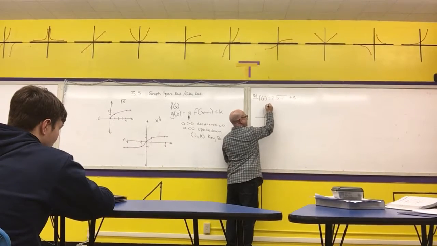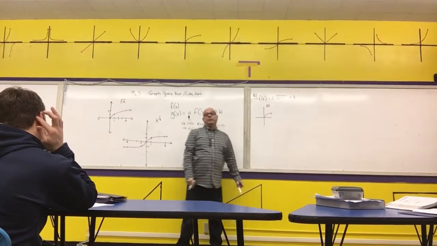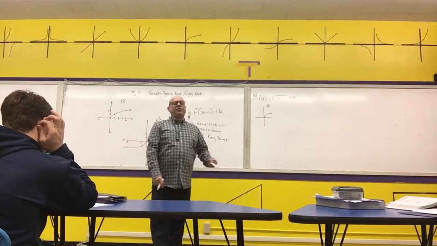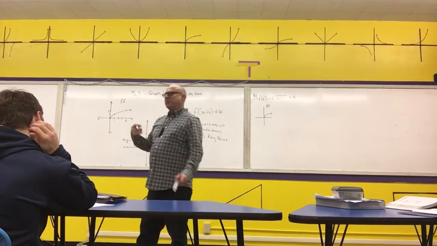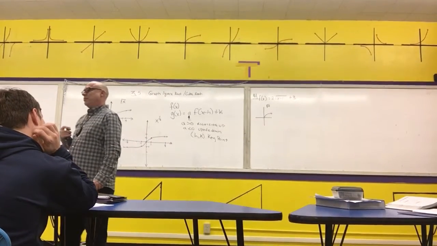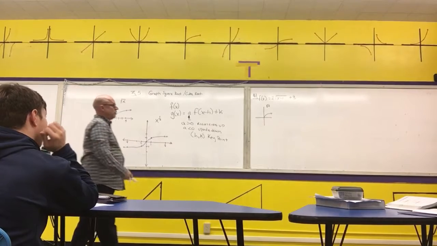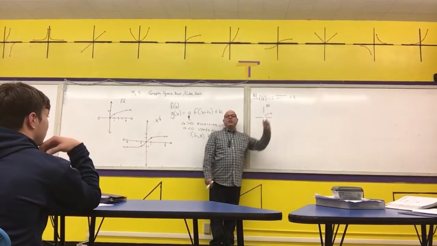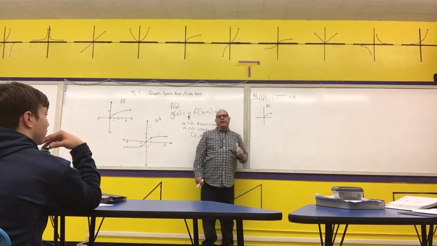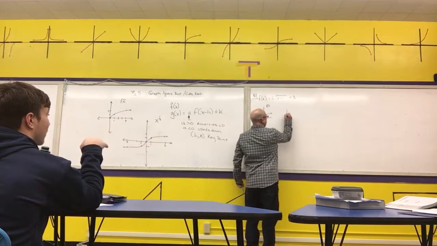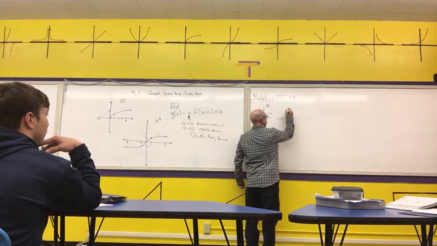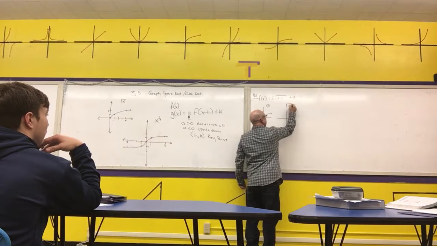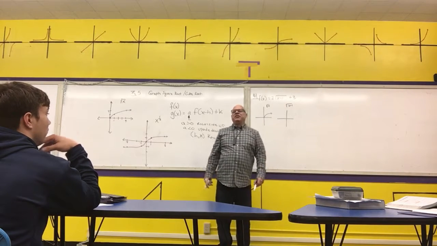That is the graph of the square root of x. Do you agree with that? Mm-hmm. Then if I were to plug a number in for x, what's the first thing you're going to do to that number right now? If I plug a number in for x, like a 5, subtract 1. What is subtracting 1 going to do to my graph? Inside a function moves it left or right.